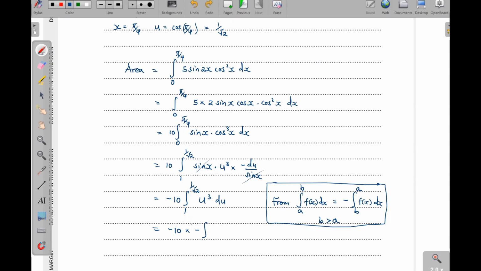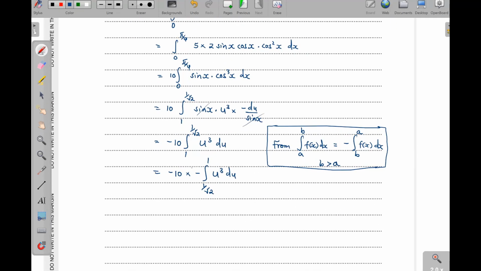So I'm going to switch them. I'll put 1 over root of 2 here, then a 1 here, and then I include a negative. You see that? Based on what I've told you here. So this is u power 3, then du. Next, of course, this one is positive 10.